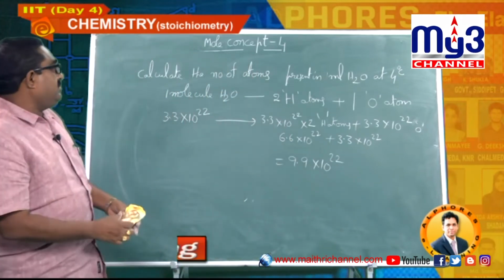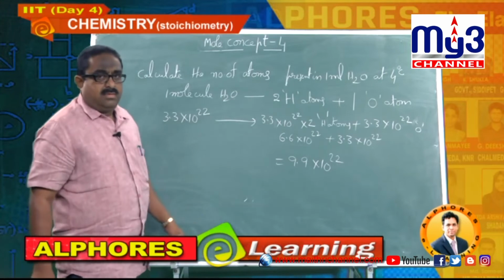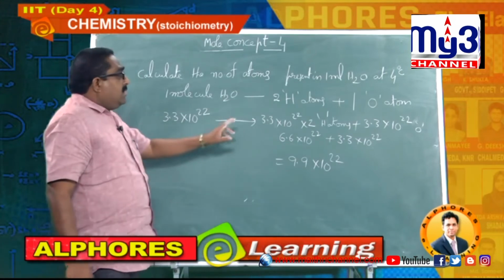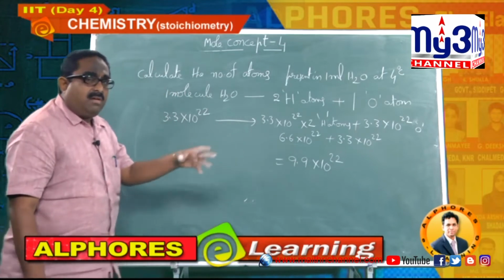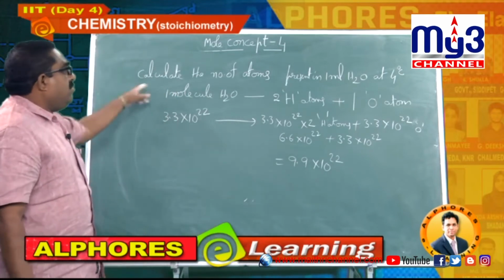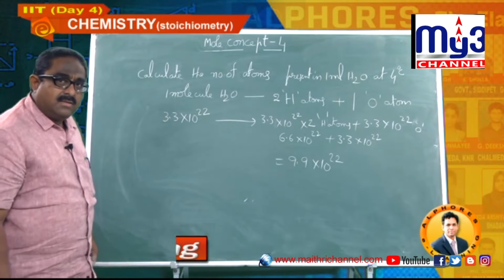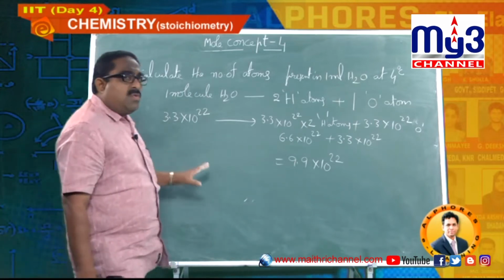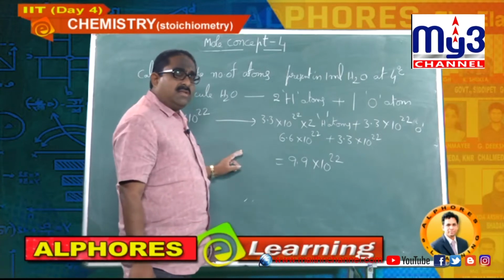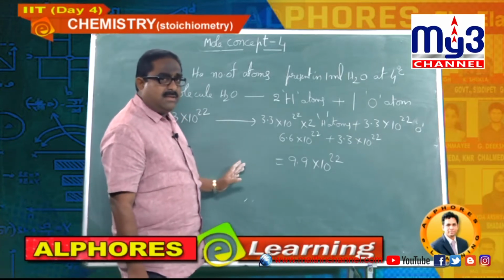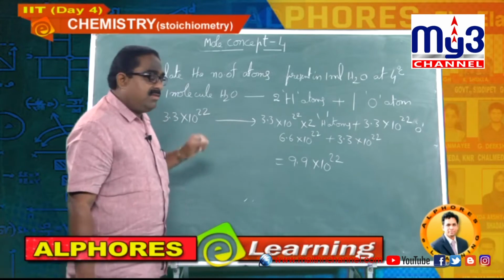So this is how the basic concepts of mole are incorporated while solving numericals. This is possible only through thorough revision and solving a number of numericals. Then you will get that ease.